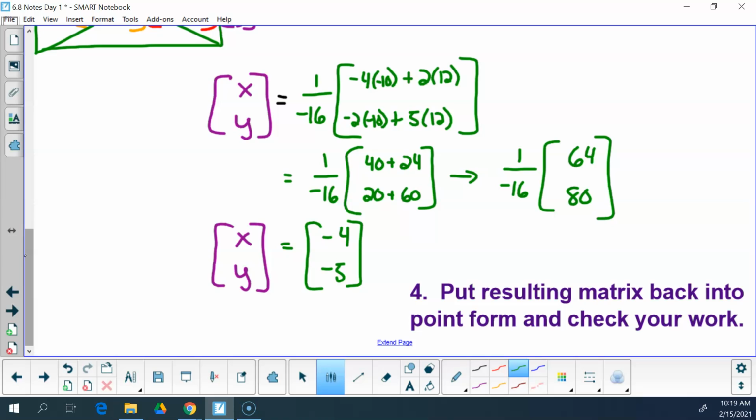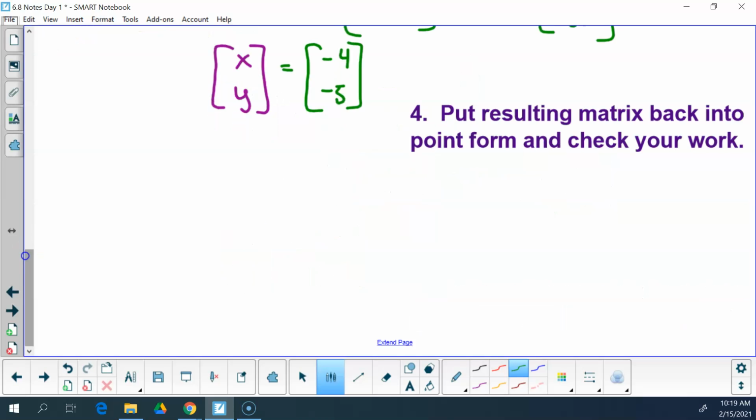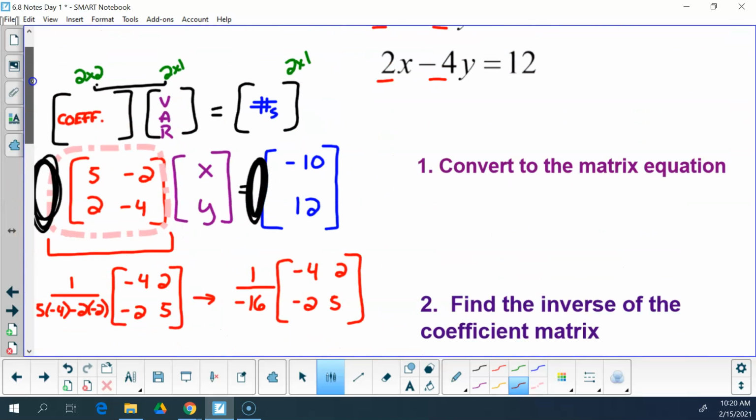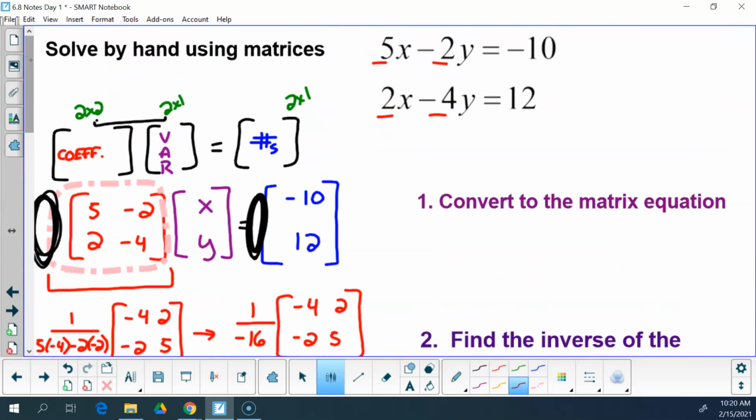And then what we do at the very end is we take that and convert it into point form, negative 4, negative 5. And what we're going to do with that is check it. Okay, so I'm going to scroll all the way back up. 5x minus 2y equals negative 10. 2x minus 4y equals 12.